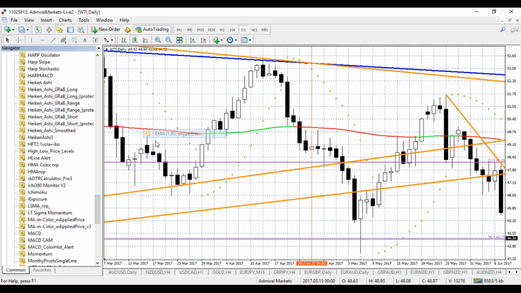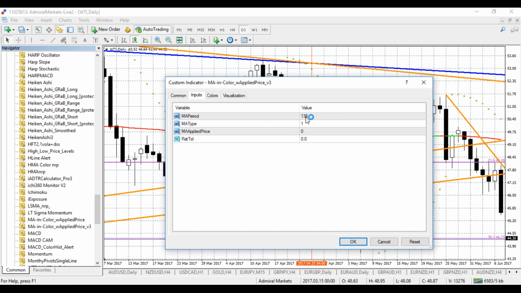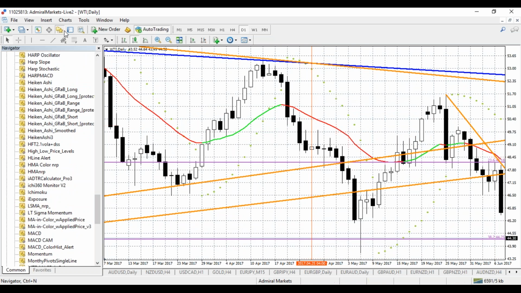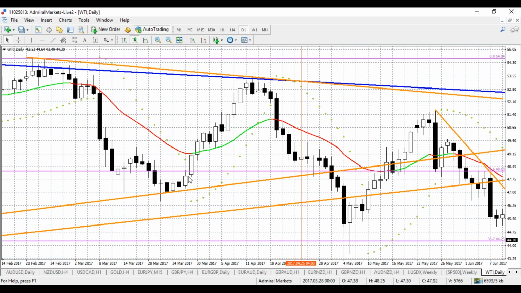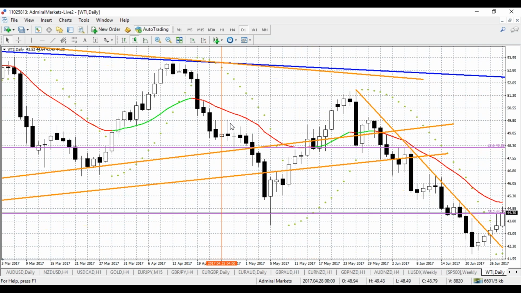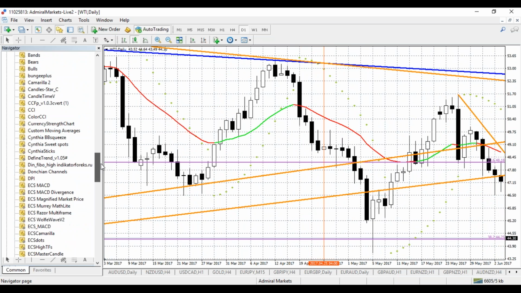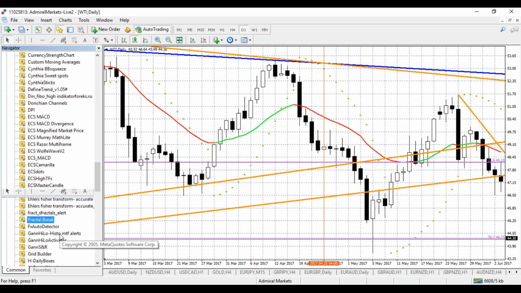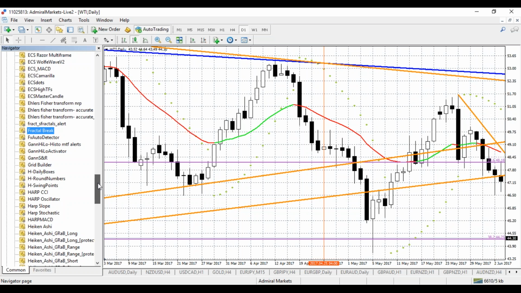Oh, that's a bit too long term. There we go. Where were we? Let's see. We're looking at here. So also no reaction there. No break above the moving average, for instance. This is just some examples you could use.